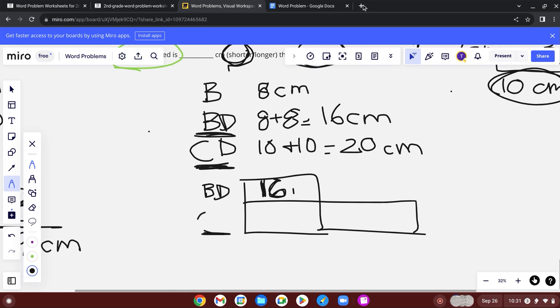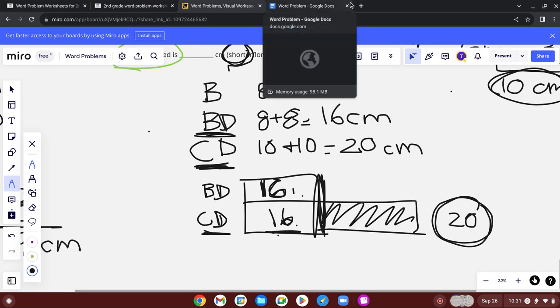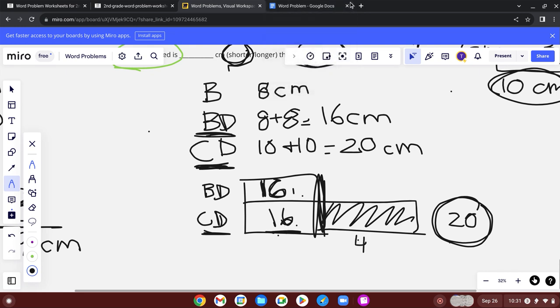C double, CD. Now this is 16, so here is also 16, because at this point both of them are the same, right? So C double total is how much? 20. So we're trying to find the more part. So from 16, 17, 18, 19, 20, you can count from 16 up to 20, which is 4 centimeter.